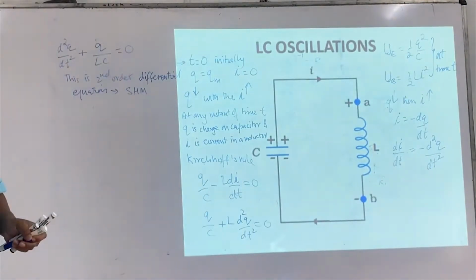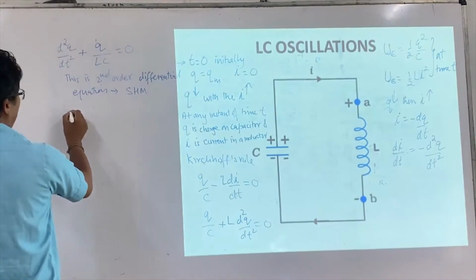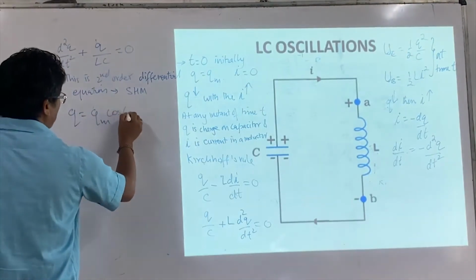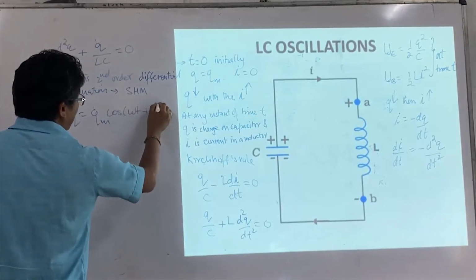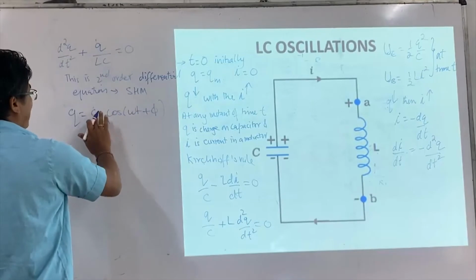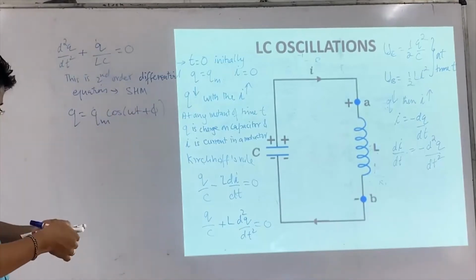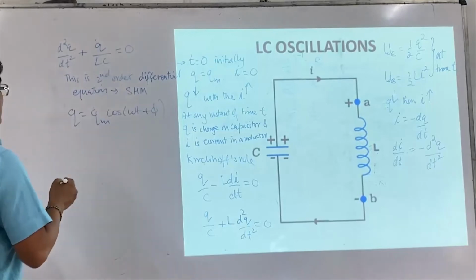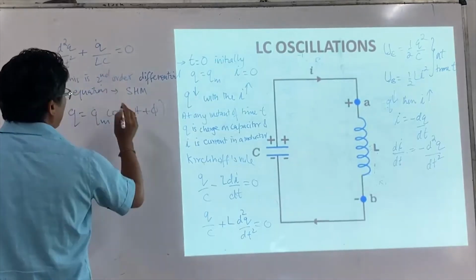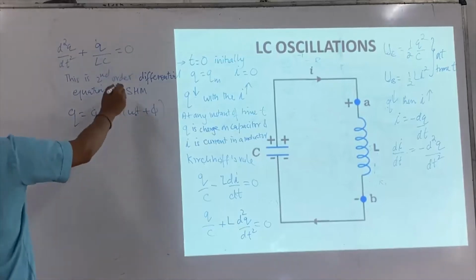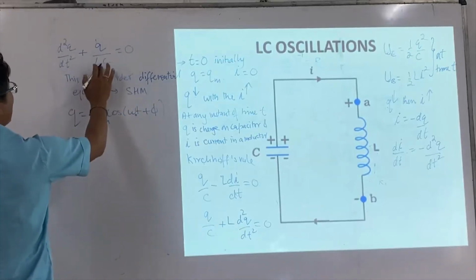So I would like to write down the solution for this equation. The solution is Q equal to Qm cos(omega t plus phi). Phi is some phase angle, right? I would like to find out how much phi is.